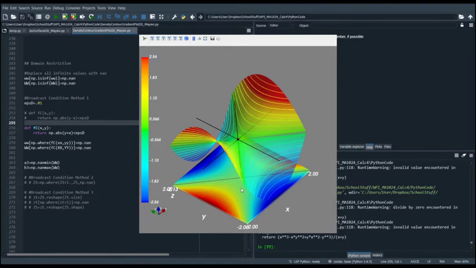But this is a hyperbolic paraboloid where all the points y equals negative x are not included in the domain. And the function itself is more complicated. It's this cubic polynomial divided by this linear polynomial.